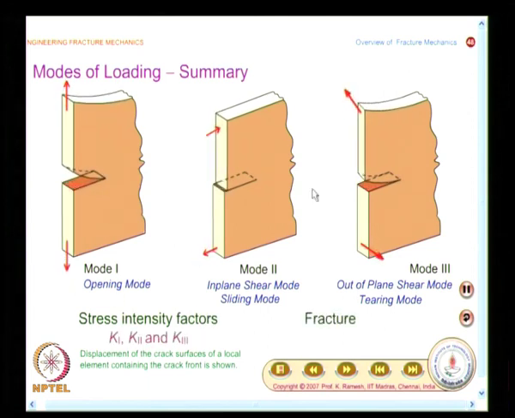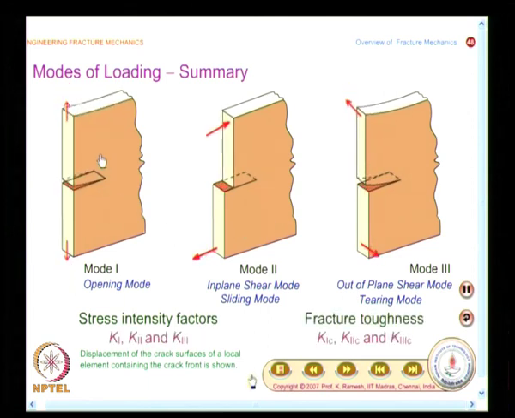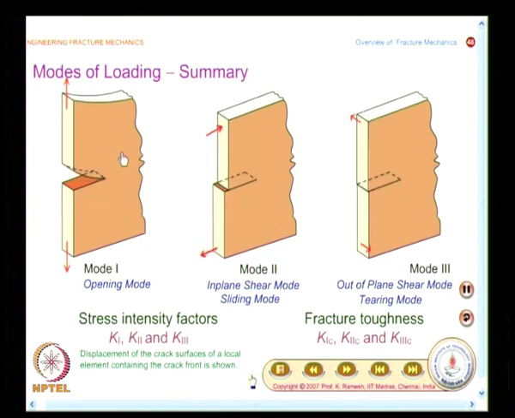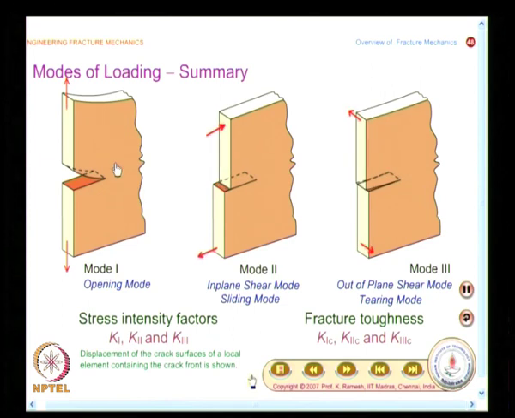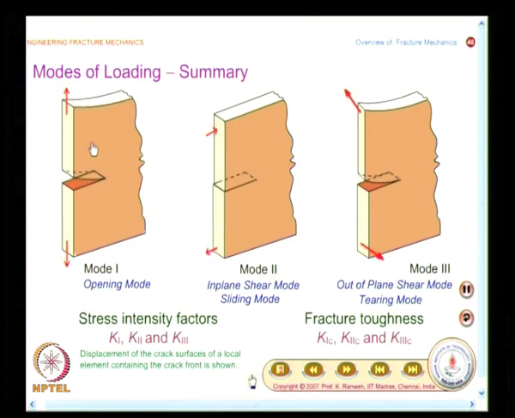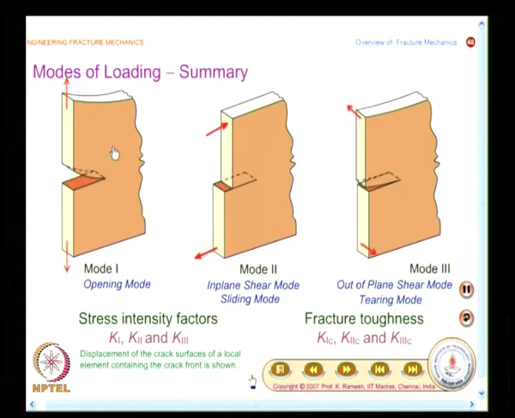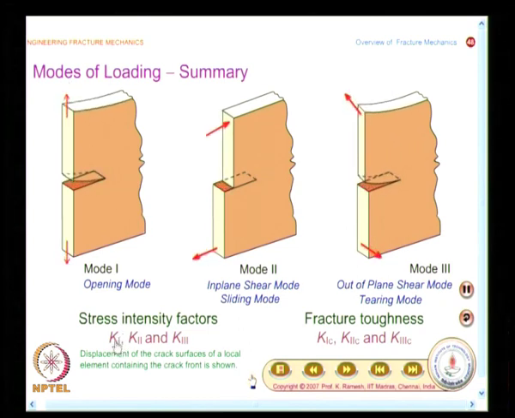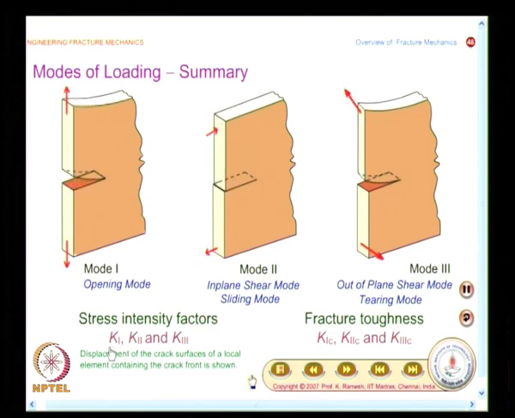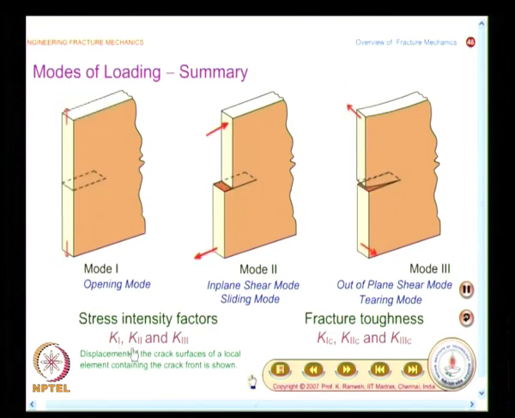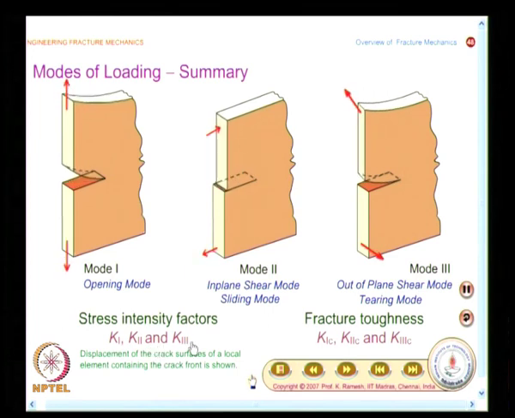For each of these modes, similar to the stress concentration factor, you could identify a stress intensity factor, which dictates the strength of the stress field in the near vicinity, and this is labeled K1. Do not read it as Ki. This is one of the common mistakes people make. You have to read this as K1, read this as K2 and read this as K3.